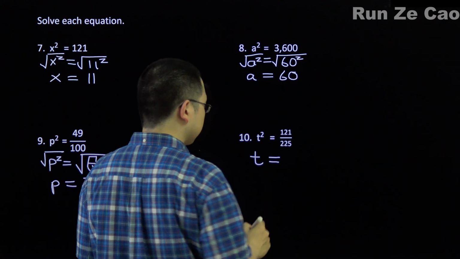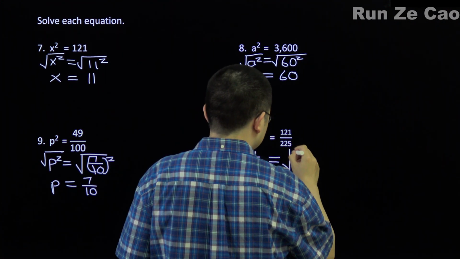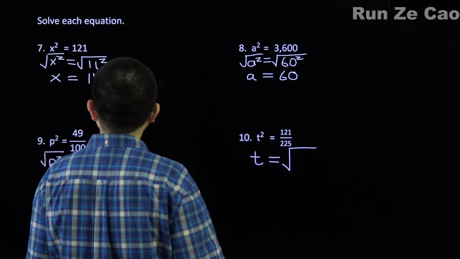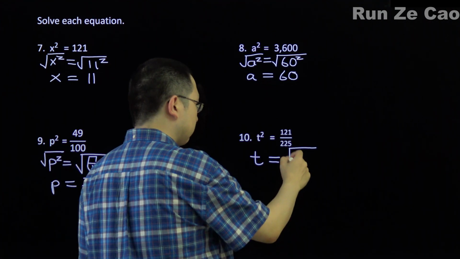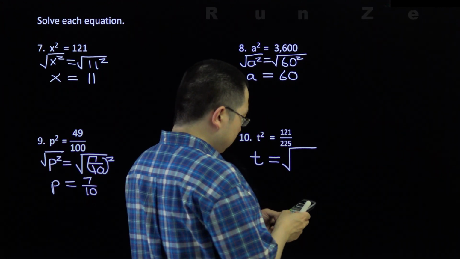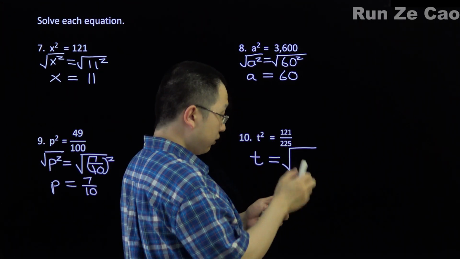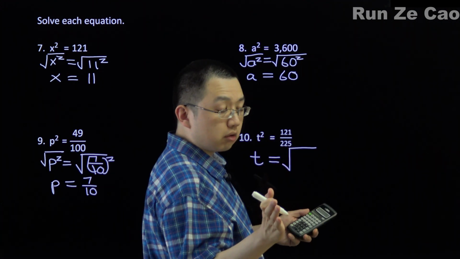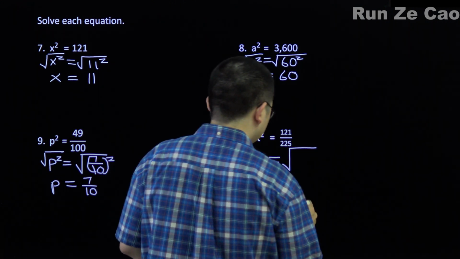Okay, what happens if we don't go square root of t squared? Well, yeah, you could just put t. But then, I've been showing what exactly is being squared under the radical just for y'all's convenience. But really, you can go square root of 121 over 225 for denominator and numerator can be done separately. So you'd get square root of 121, which is 11.